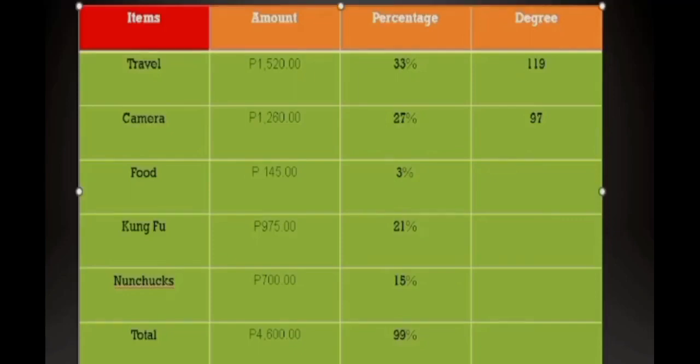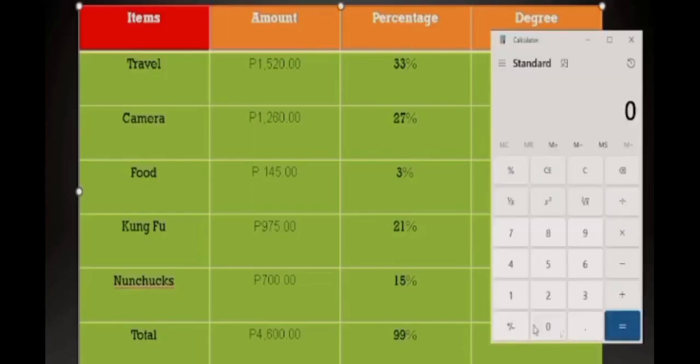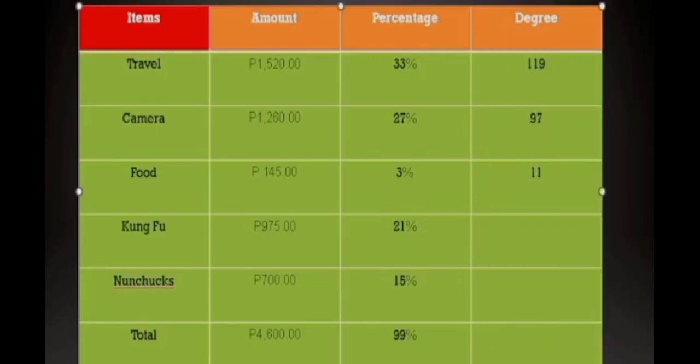Next is the food. The percentage of the food is 3%. So 0.03 times 360 is 10.8 or 11. Next, the percentage of Kung Fu is 21%.